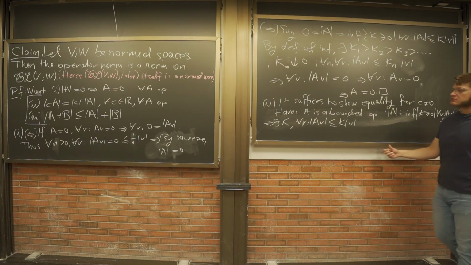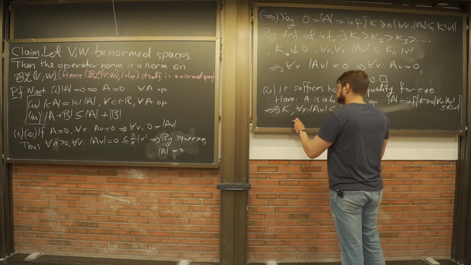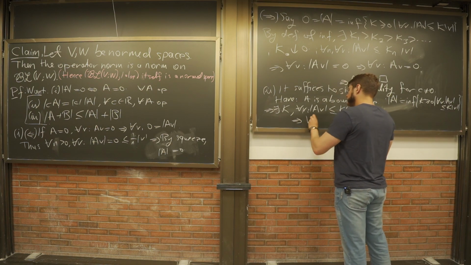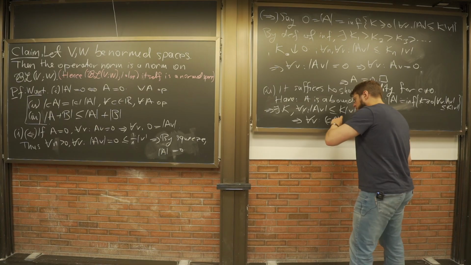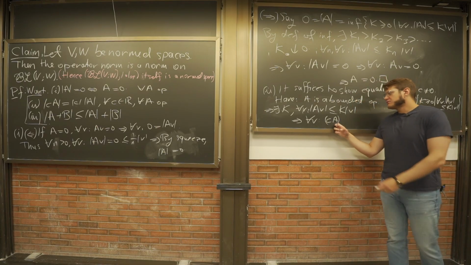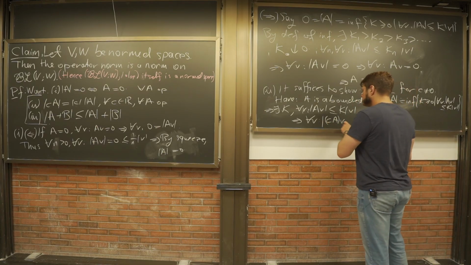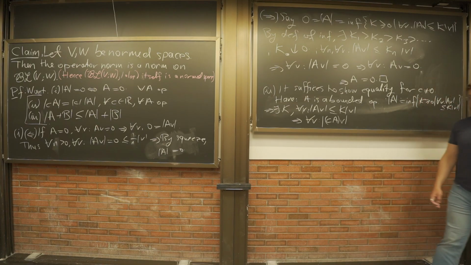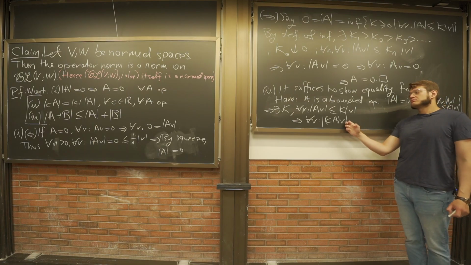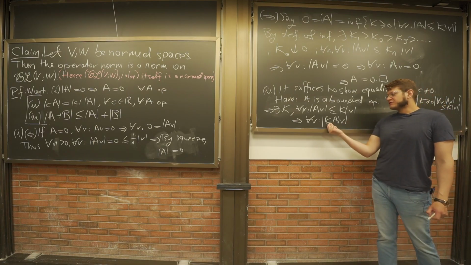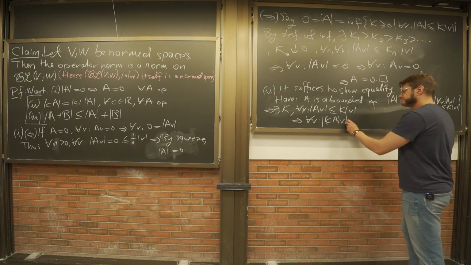But then, for any v, the operator C times A applied to v in norm. Now I can do things, right? By the assumption that this is a norm in W, and because it's a constant, I can take this out.